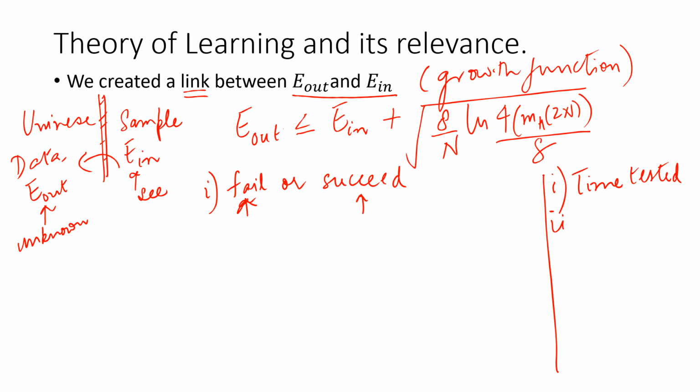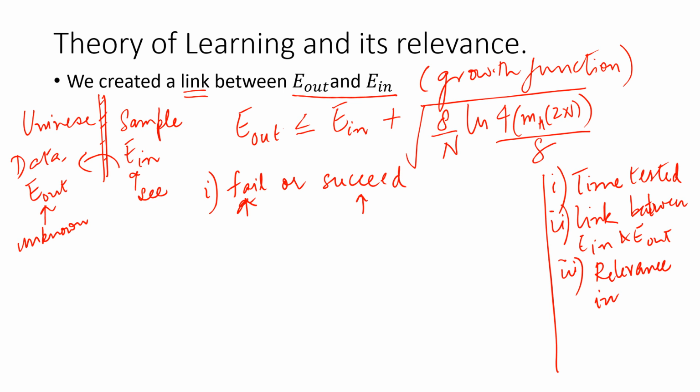The second reason is that it helps us create a link between E in and E out. What I cannot see, I'm able to see through what I can see. And the third and most important point, I would say, is that this theory has relevance in practice, as we shall see going forward.